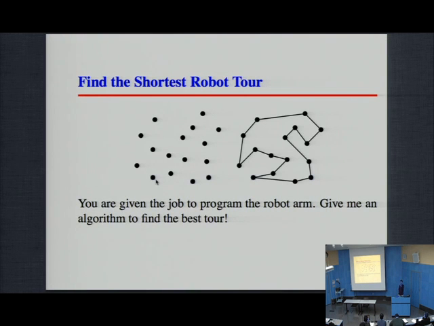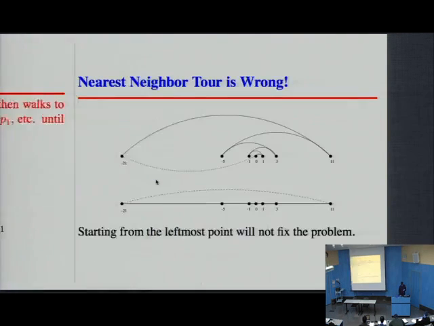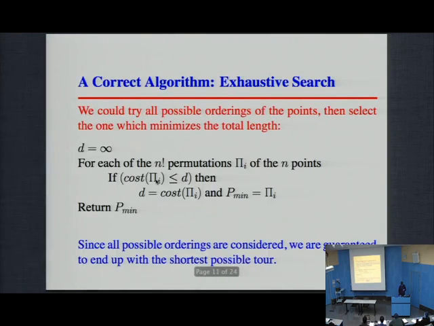We agree that this is a famous problem called traveling salesman, which I'll talk about in a little bit. We agree we could search through all possibilities. We could go through and try all possible orderings of the points. If there's n points here to be searched, and we give each of them a name from 1 to n, how many different orderings are there of these n points?